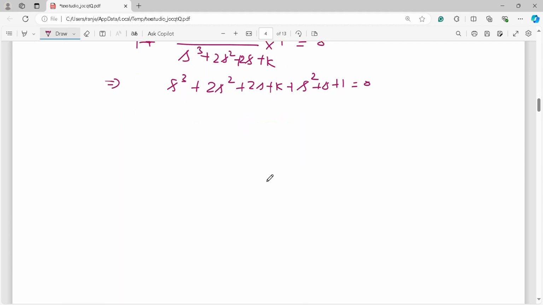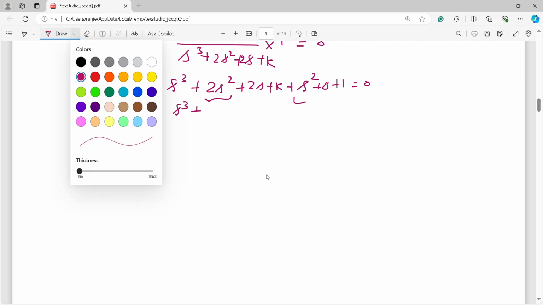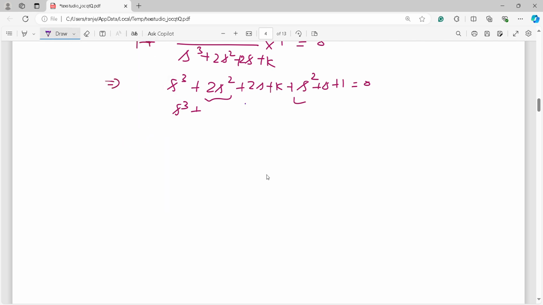Then simplify: 2s square plus s square is 3s square, 2s plus s is 3s, and finally the constant term is k plus 1.